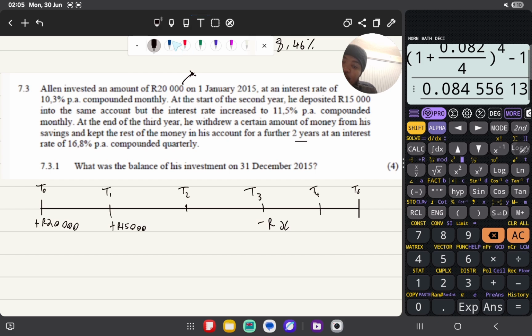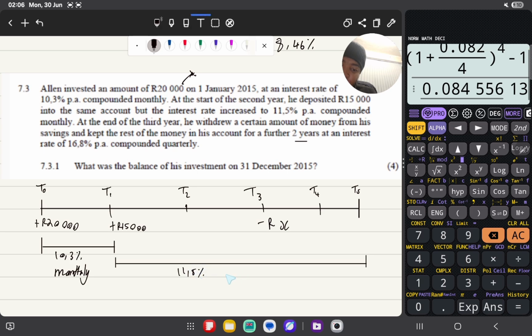And now let's focus on the interest rate. Compounded monthly, at the start of the second year, the interest rate from here to here was different. The interest rate here was 10.3% monthly. Here it was 11.5%, also monthly.